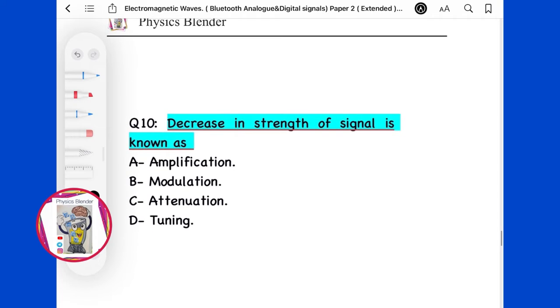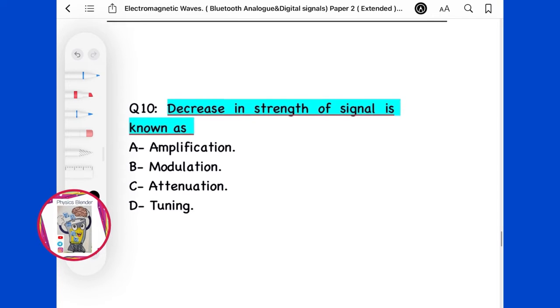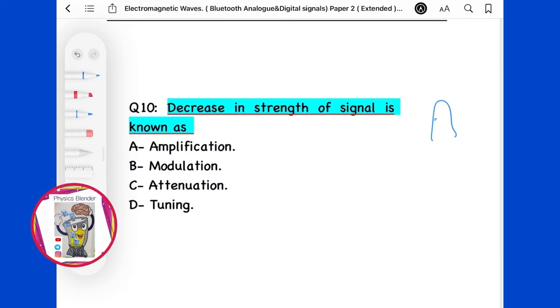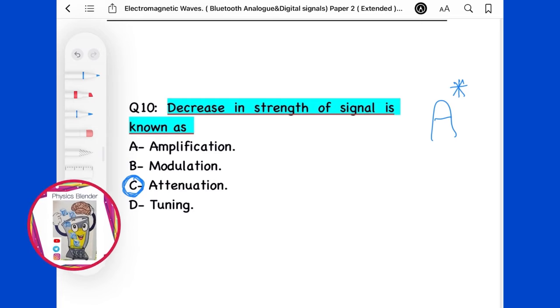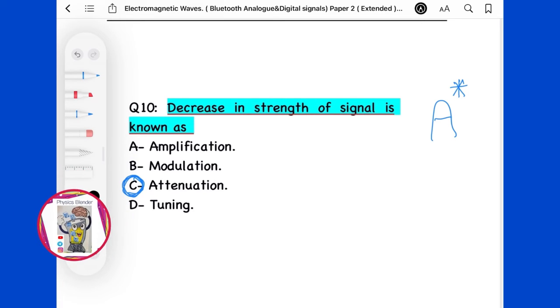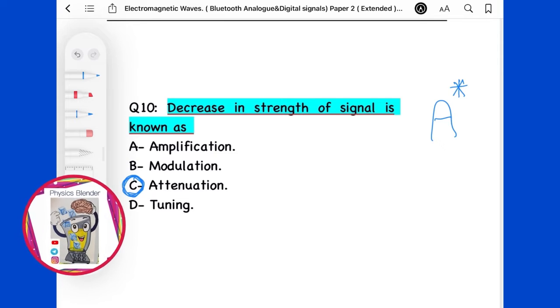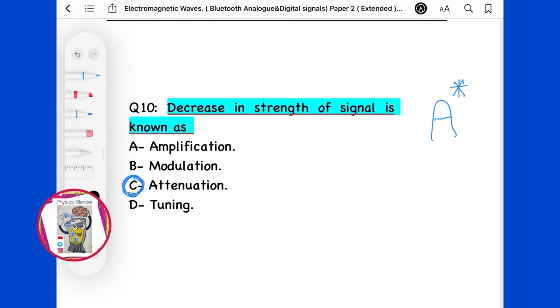Decrease in strength of signal is known as. This question is very important. Okay. Now I would like to tell you a definition which is very important. Attenuation. What do we mean by attenuation? You know that signals, when they are traveling or during transmission for a long distance, what happens to the strength of the signal?